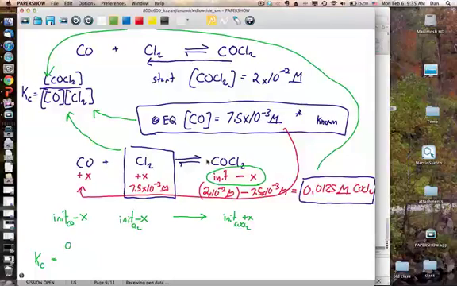In this case, 0.0125 molar for the COCl2, all divided by 7.5 times 10 to the minus third. I'm just going to square this since they're both the same. This will give us the value.